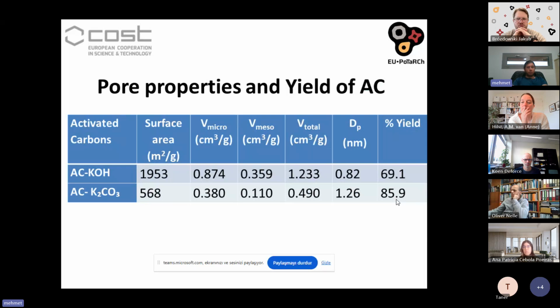But when we look at the yield of activated carbon, the potassium carbonate activated carbon should have been kept at 750 for a longer duration, because this percentage is high. I think we expected a little bit lower.